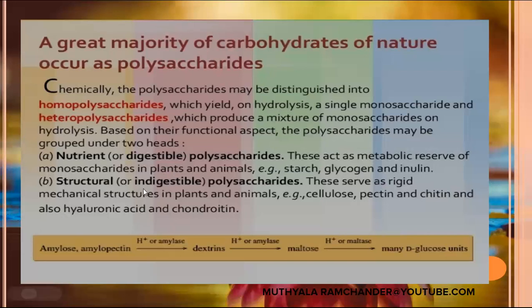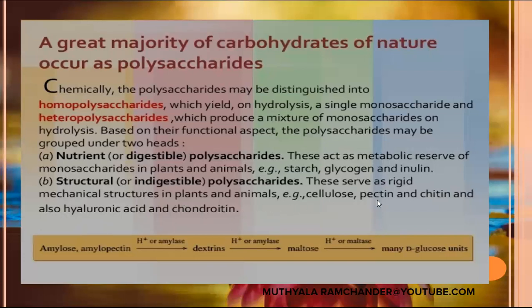Second one is structural or indigestible polysaccharides. They serve as rigid mechanical structure in plants and animals, like cellulose, pectin, chitin, and also hyaluronic acid, chondroitin.